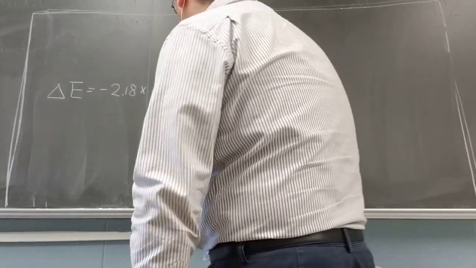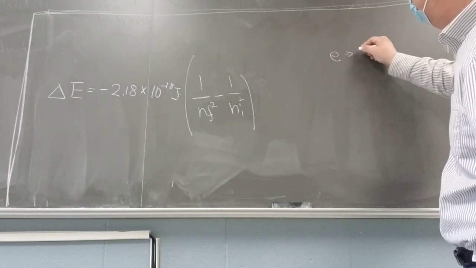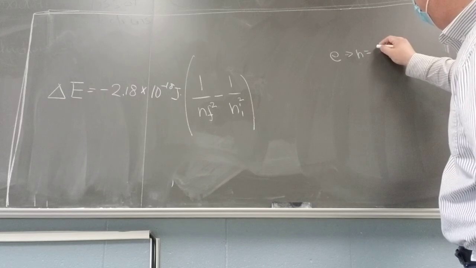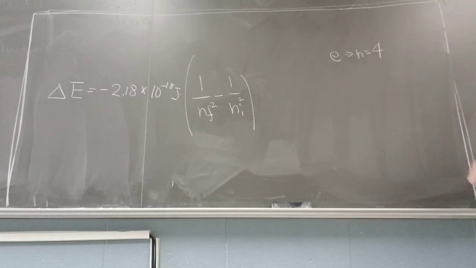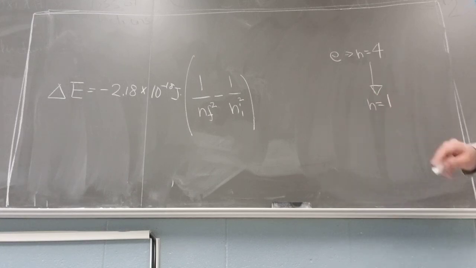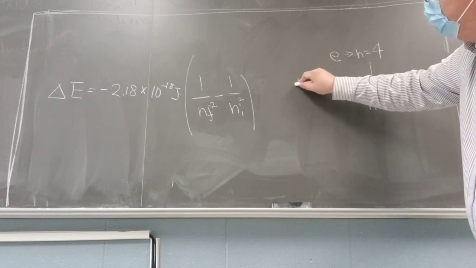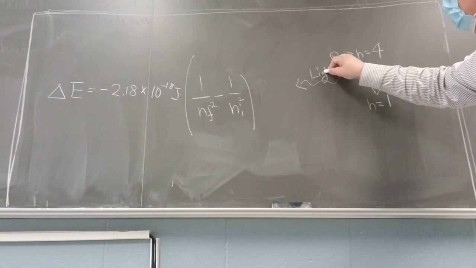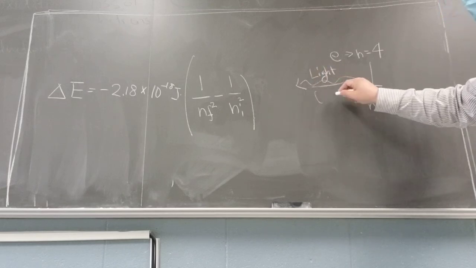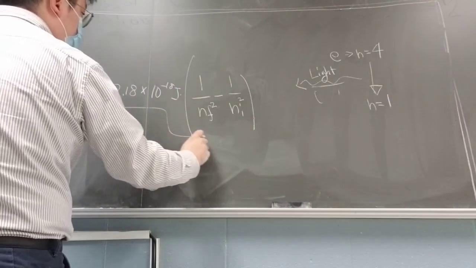Okay, so for example, your electron was in maybe N4, okay, N4. And now it tries to come down, so it goes to the ground state, which is N1. Obviously to do that, it needs to release the energy in the form of light. We try to find out how much energy is in this light. This is the one you can do.